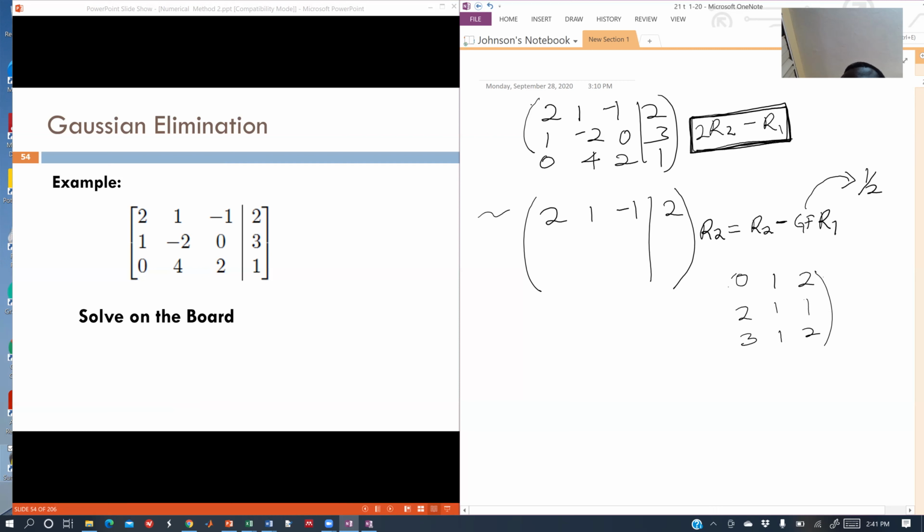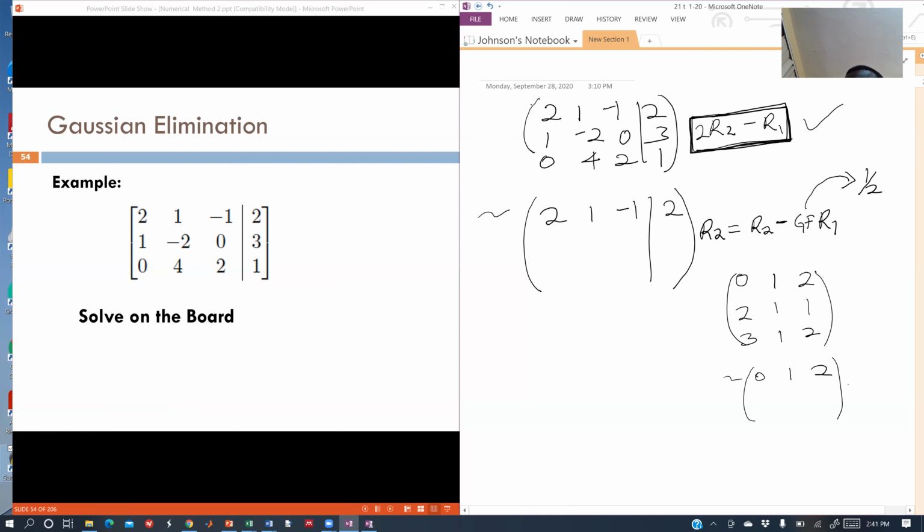This is my matrix. I want to reduce it using the operations that you sometimes use. I'll keep my row 1: 0, 1, and 2. Then I want to reduce this row to send this entry to 0.